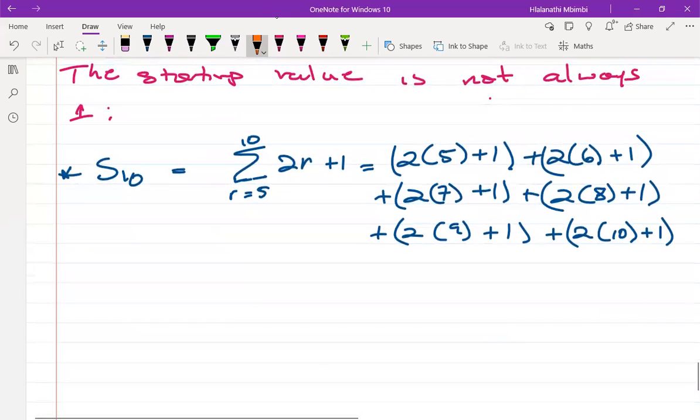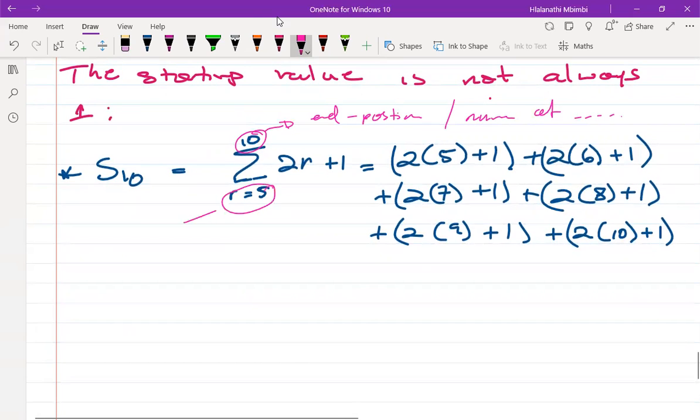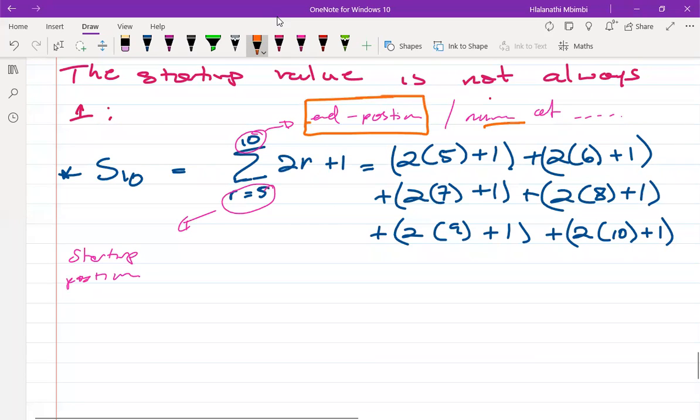But in the example that I'm doing now, I can still say that's the end position or the number of terms that are being added. I can still say this is the starting position. And I can say that my TN. But now, this is just the end position. This is definitely not the number of terms that are being added, right?